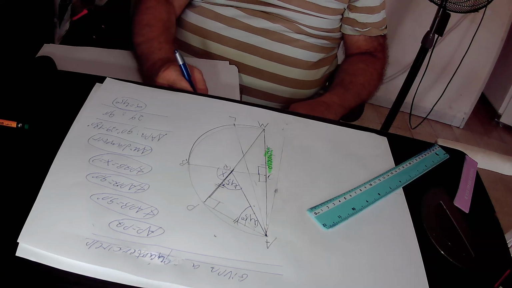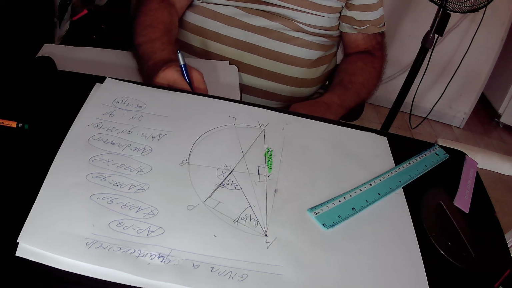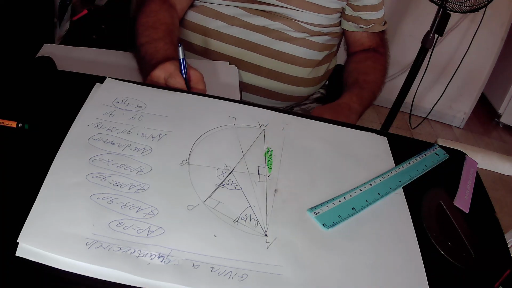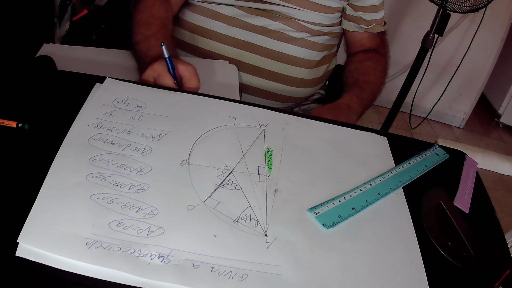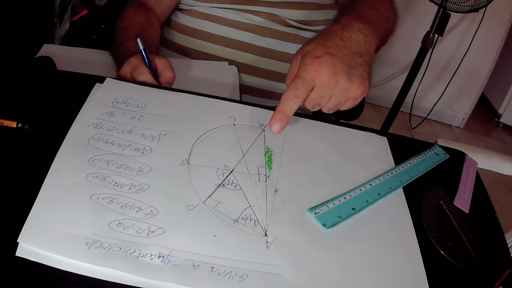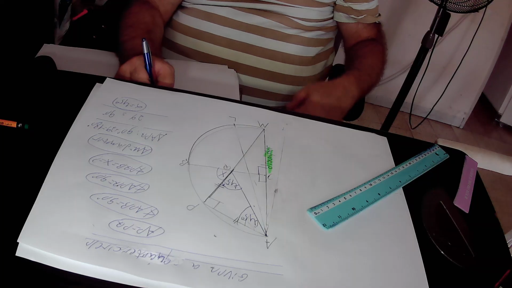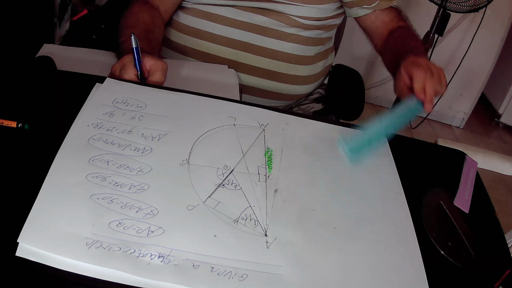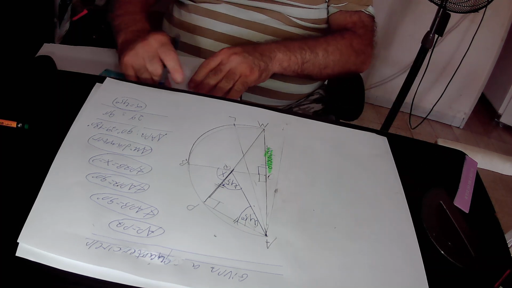We prove that triangle AOQ, this upper right triangle, can go into the lower right triangle OQM according to the side angle side rule.